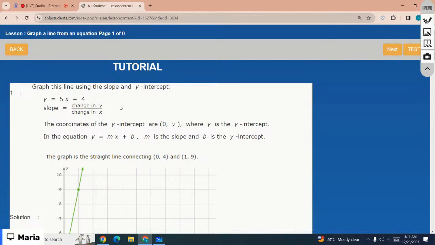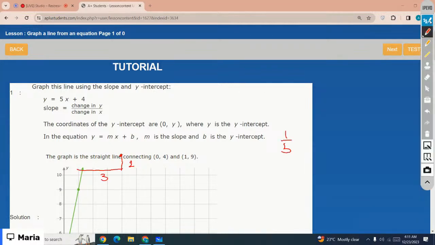Okay, you are given the equation y equals 5x plus 4, right? First, understand the equation. The general form of the linear equation is y equals mx plus b, right? m is the slope. m equals 5.